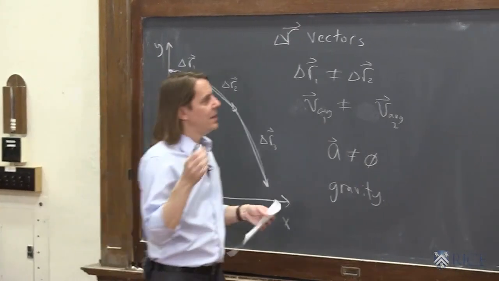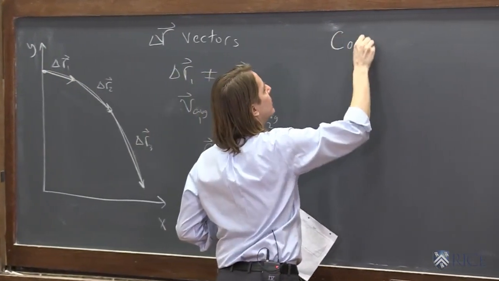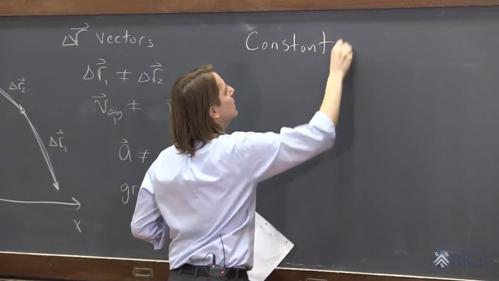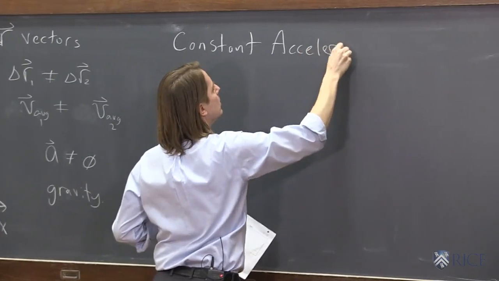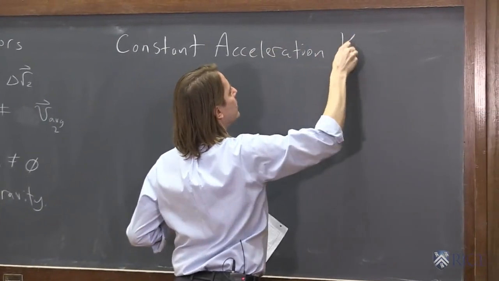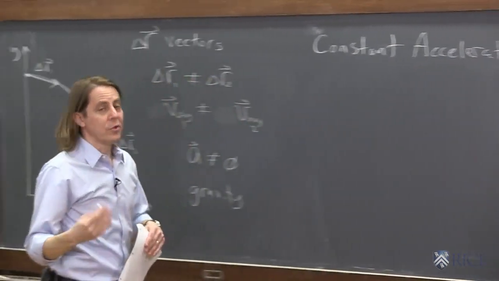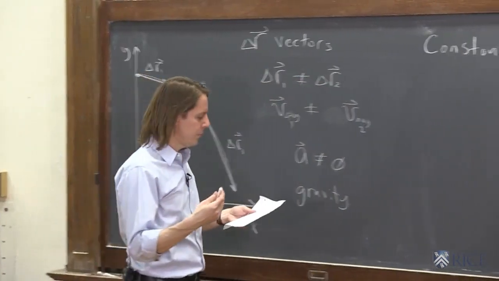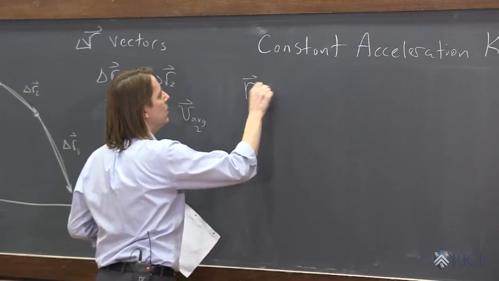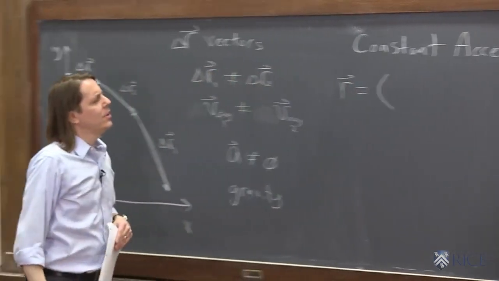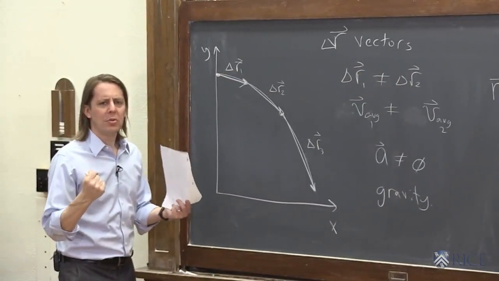So let's see if we can do the constant acceleration kinematics, but in terms of the position vector r. Okay, so let's write r. And if you want to be real general, let's be real general.